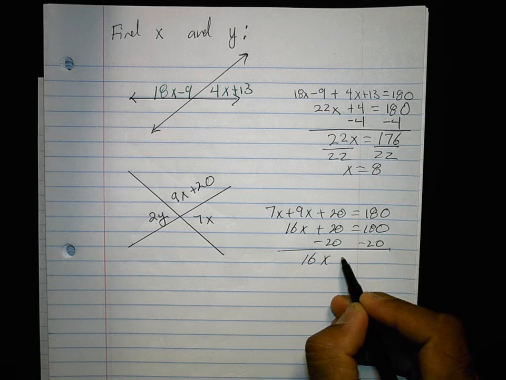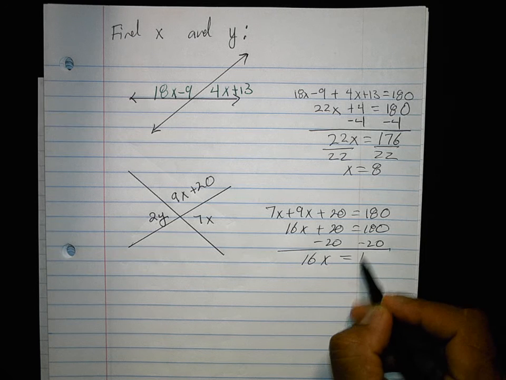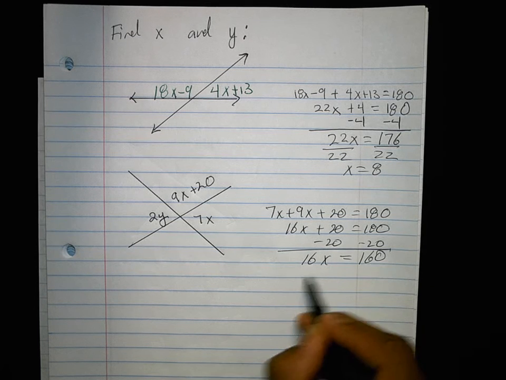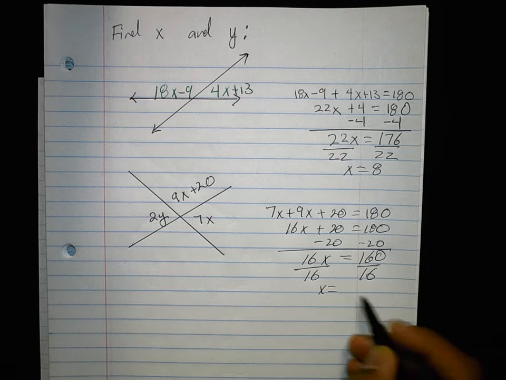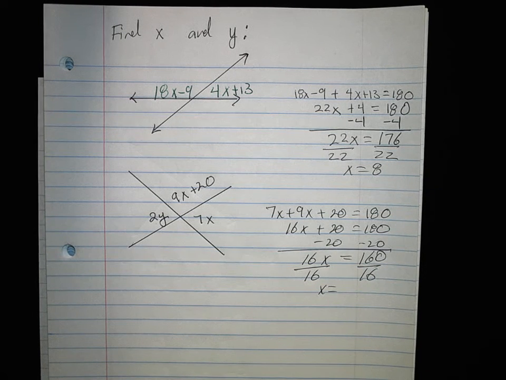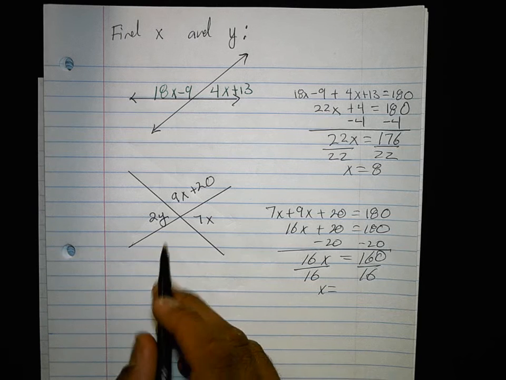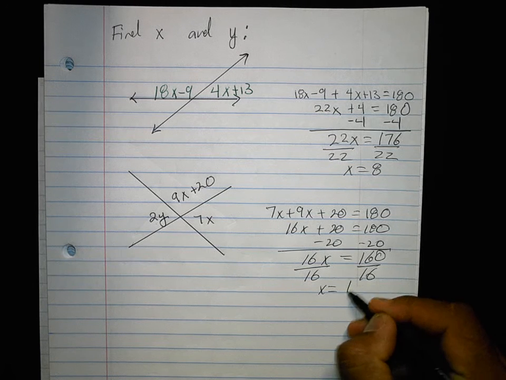I get 16x equals 160, divided by 16. All right, and x is 10. Sorry, this is 10.